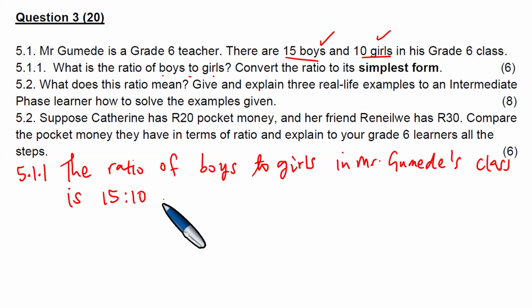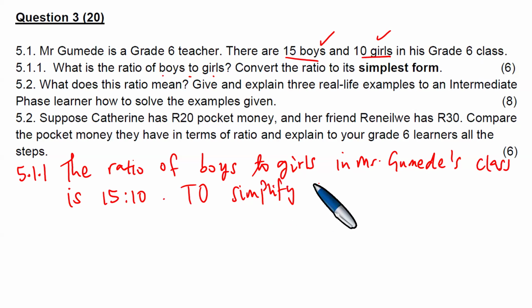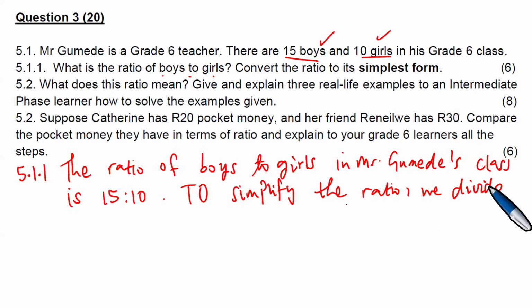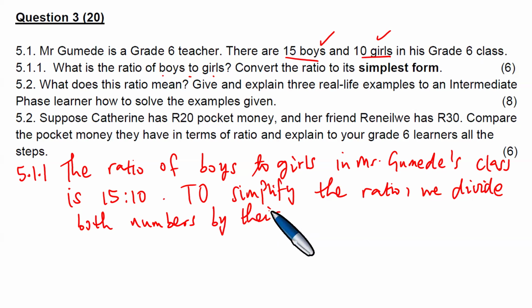Now, to simplify the ratio, we divide both numbers by their greatest common divisor.